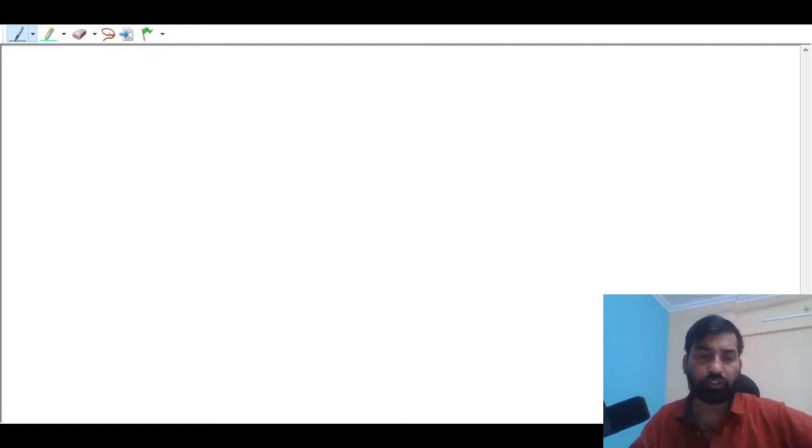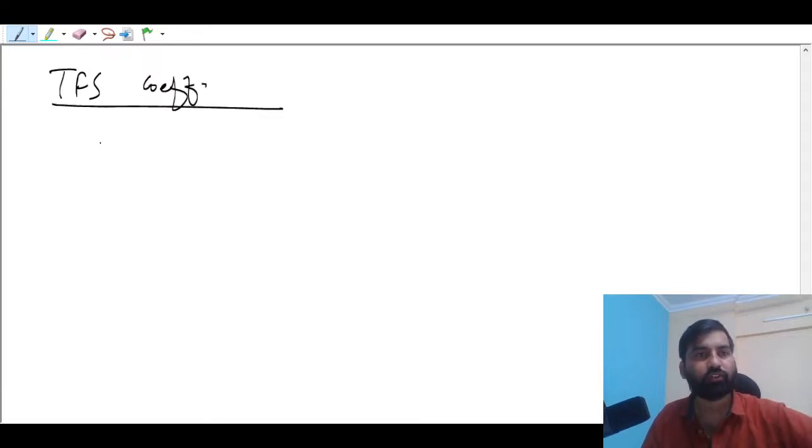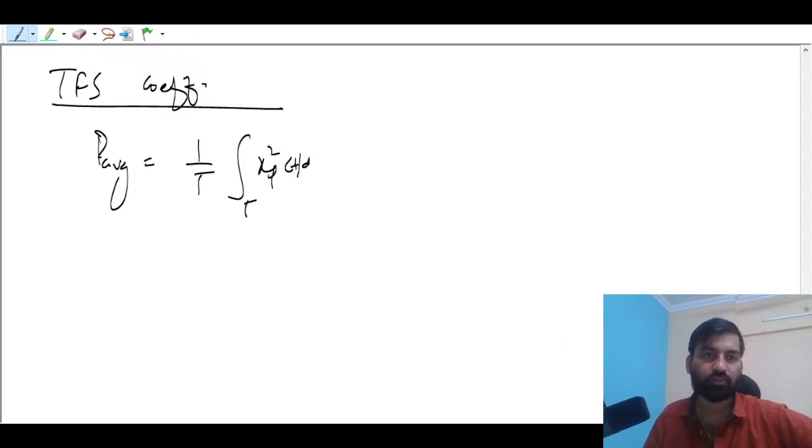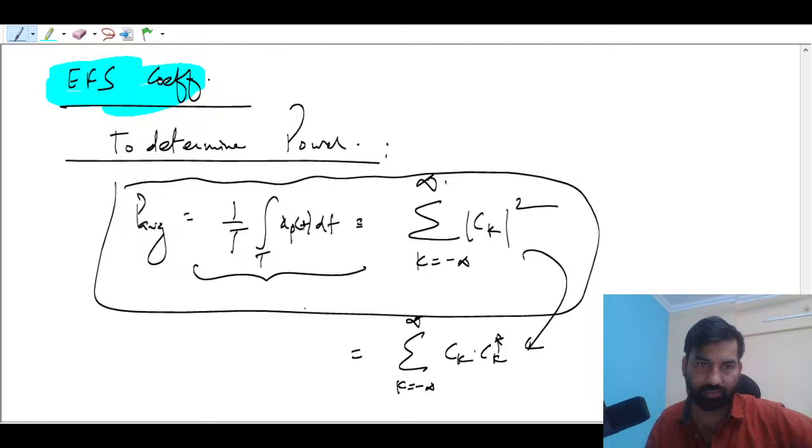In terms of the trigonometric Fourier series, suppose the TFS coefficients are given and you have to find the Parseval relation, right? So for the Parseval relation, P average in the time domain, you have to find the energy over a period of x(t). I missed the square here, right? So you have to square it. Squaring is very important.